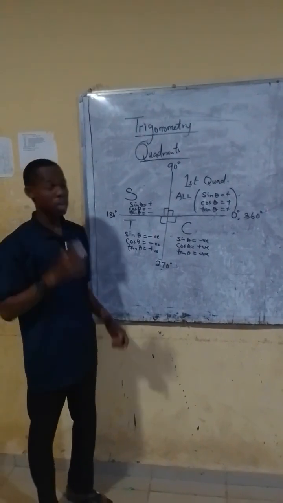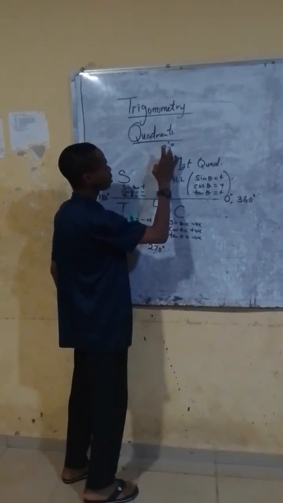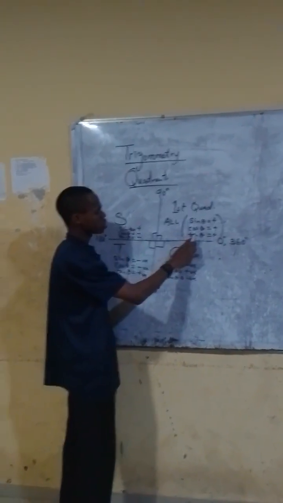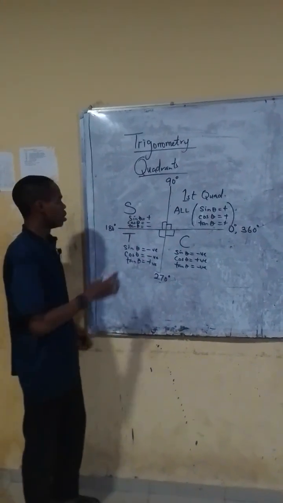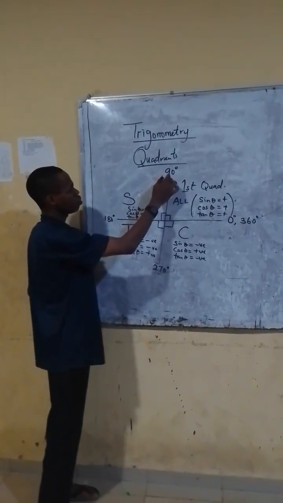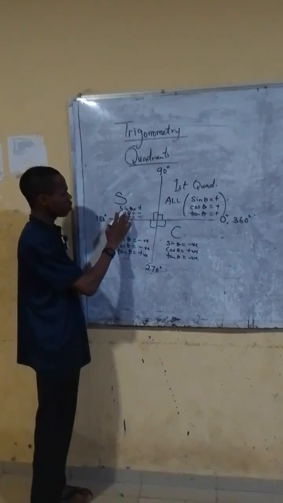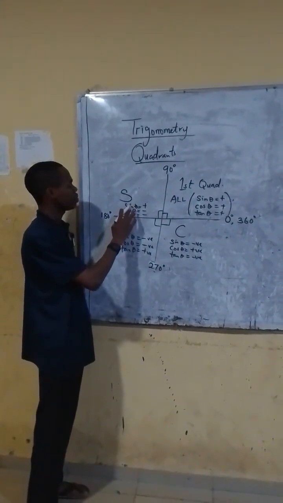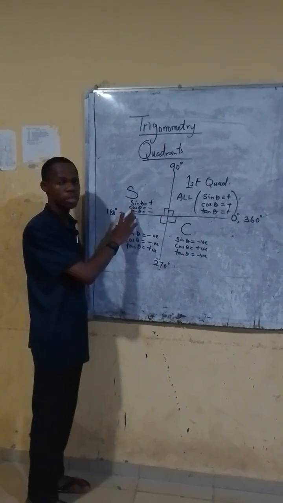So what all these are actually saying is that when I have an angle between 0 and 90 degrees, whether I'm looking for its sine, or its cos, or its tan, they will all be positive. Then for any angle between 90 and 180, whether I'm looking for the sine or cos or tan, the sine is the only one that will be positive, the cos will be negative, and the tan will also be negative.